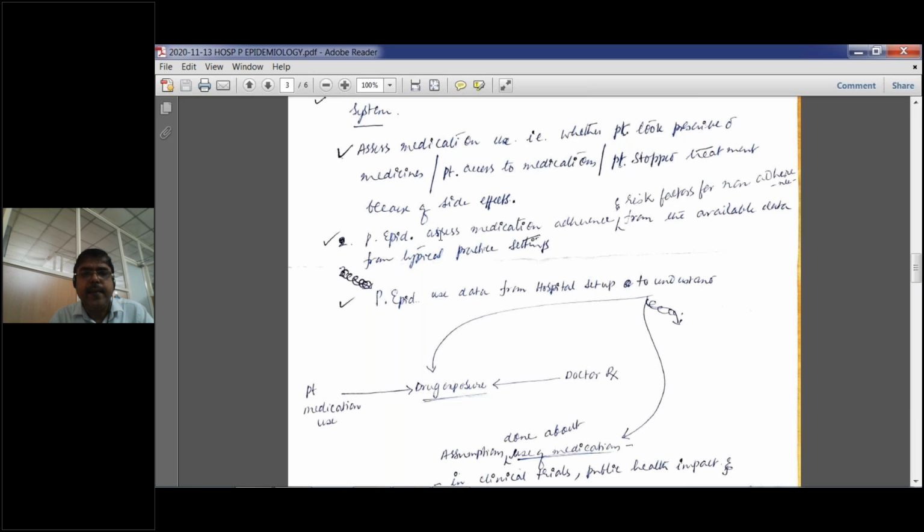The second concept is that one can assess the medication adherence, whether the medications are taken properly or not. If it is non-adherence, why are they not taking the medicines? What are the risk factors that are making them non-adherent?